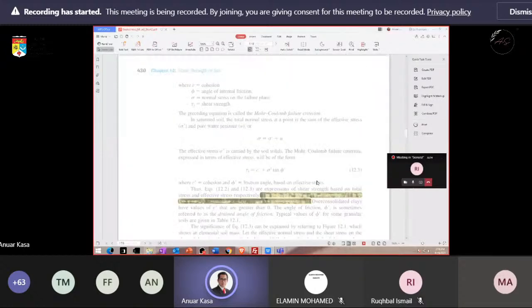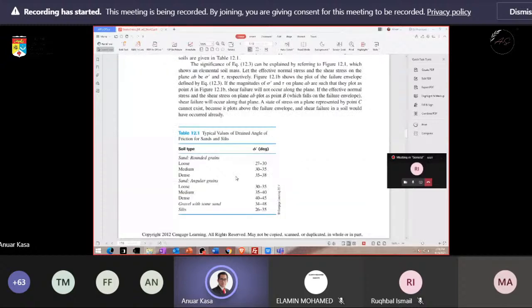Phi is actually the angle at the failure envelope, when we look at the shear stress at failure, and then we look at what the angle or phi value is for the soil. So this is the effective angle of friction for many types of soil.